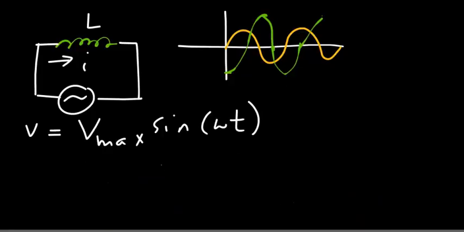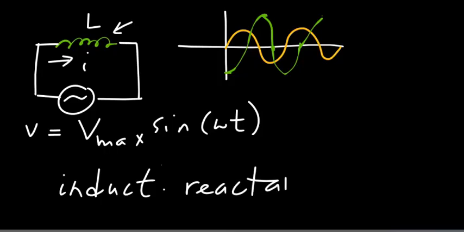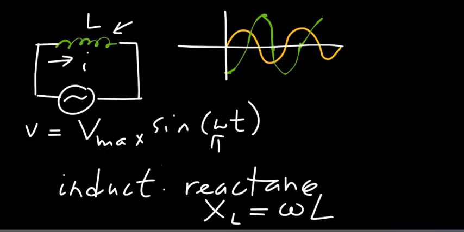The effective resistance of this coil in an AC circuit is measured by a quantity called the inductive reactance, with a symbol X, subscript capital L, and this is given in the following manner: omega, which is the angular frequency of the generator, times the inductance of that coil.